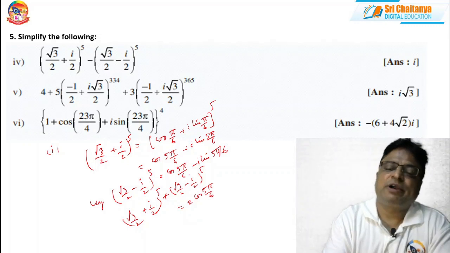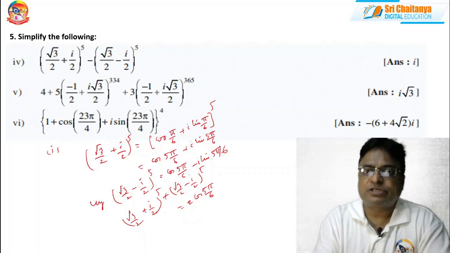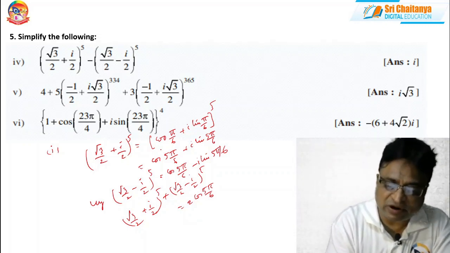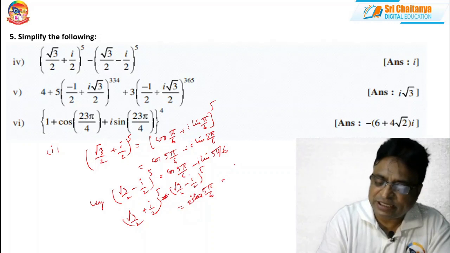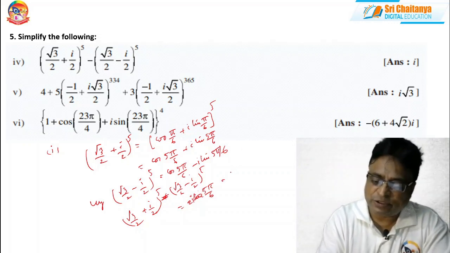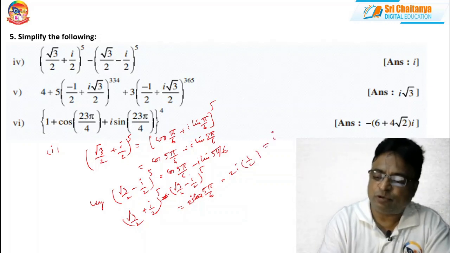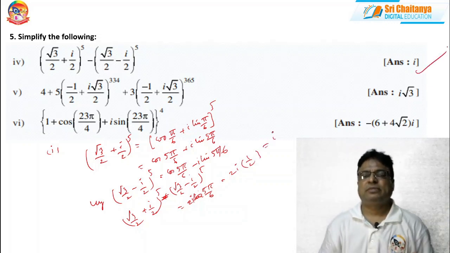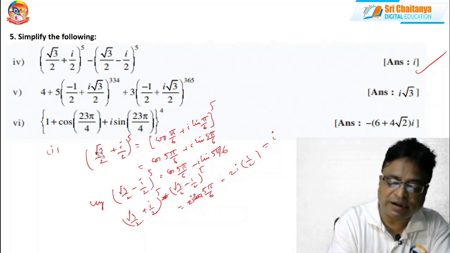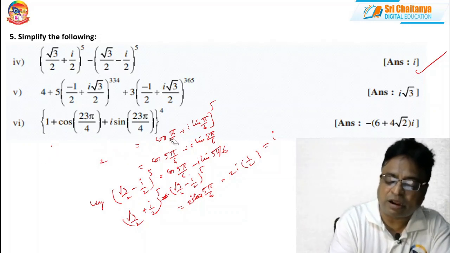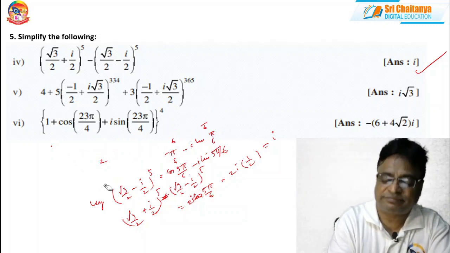And of course, my friends, this is not addition, this is subtraction. So 2i sin 5 pi by 6 is 2i into 1 by 2. That I can get as what? i only. So be careful while writing the given complex number in polar form.